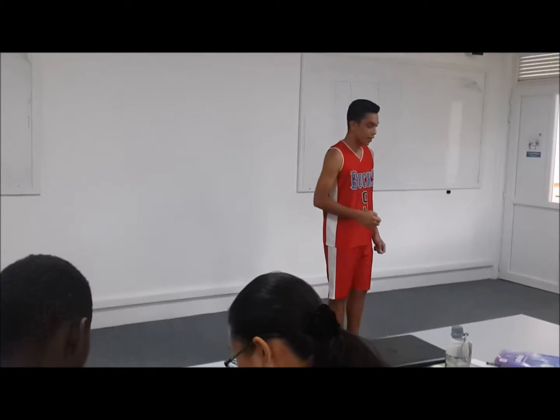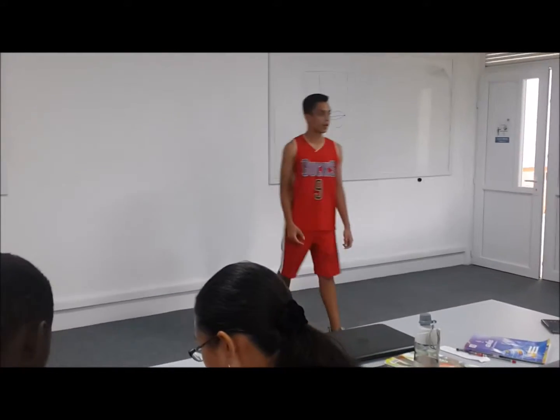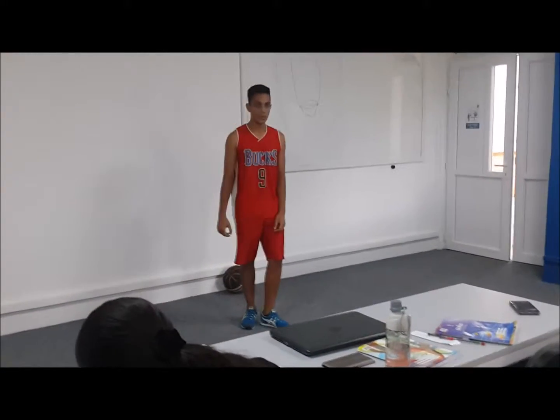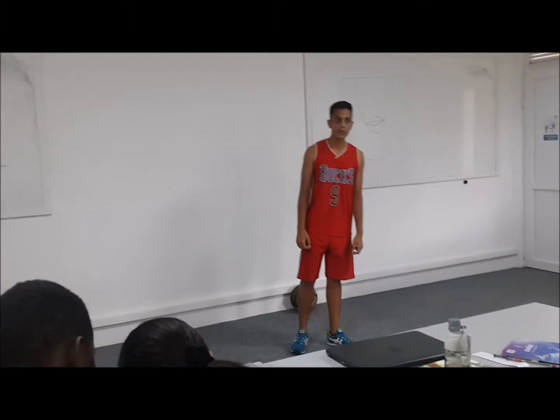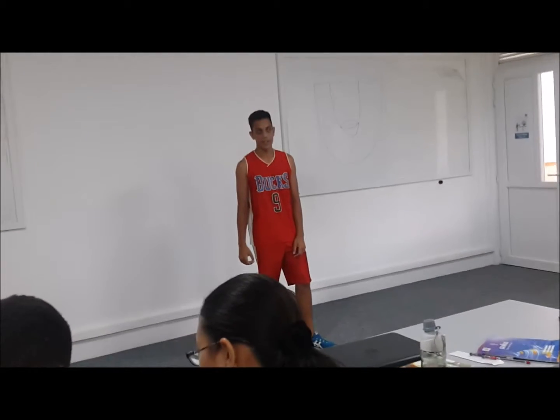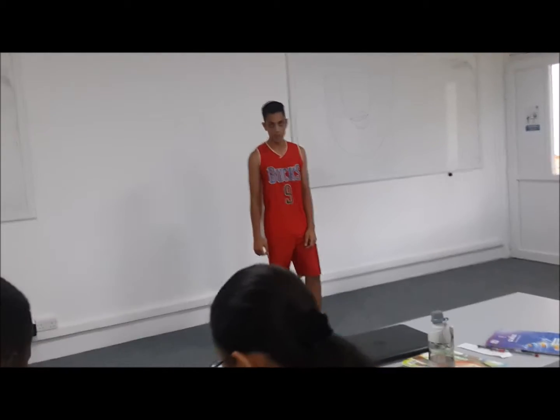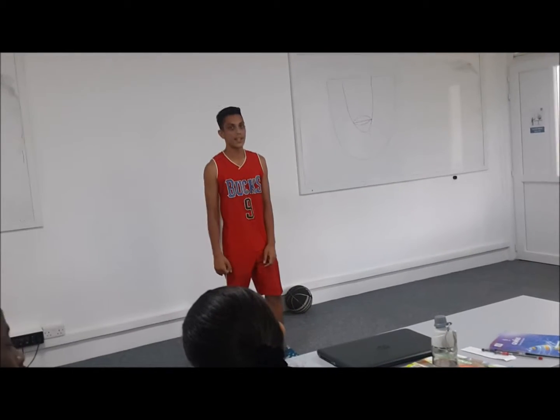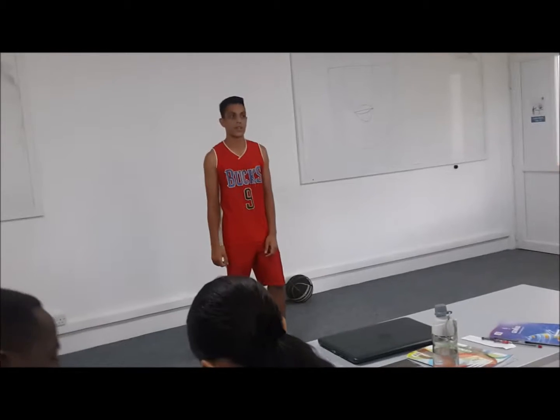And let me give you a brief overview of basketball, how it was created. It was invented in 1891 by a man whose name is James Naismith. He was a Canadian physical educator, and his idea was to make a sport that is less accident-prone than football.